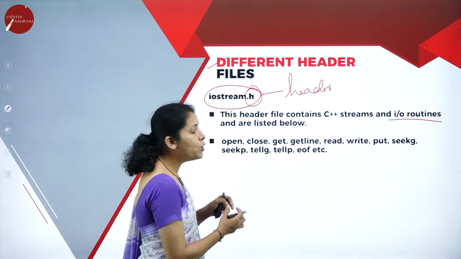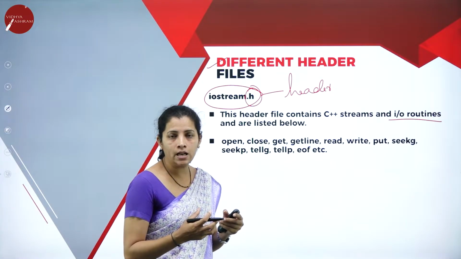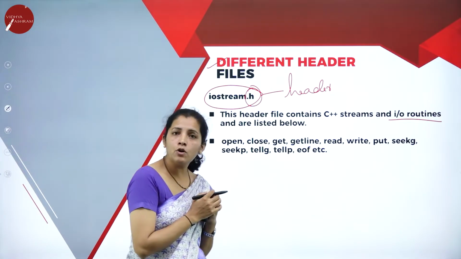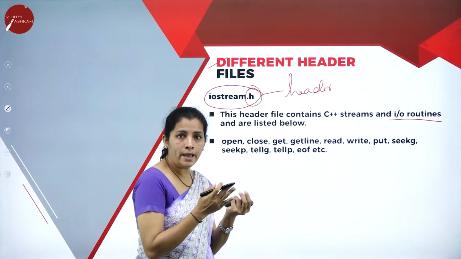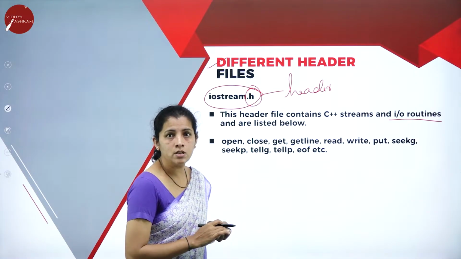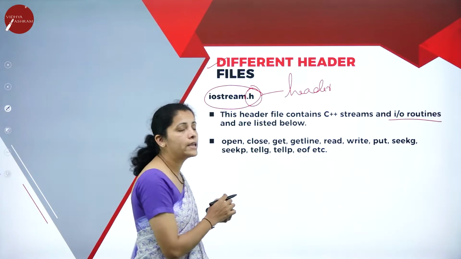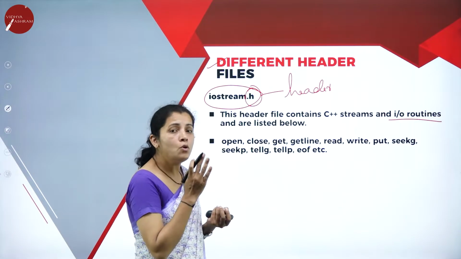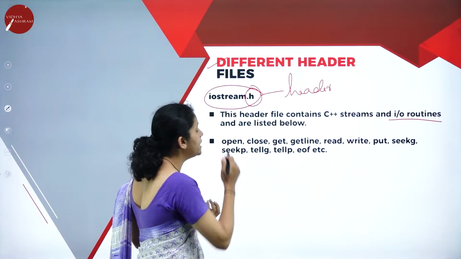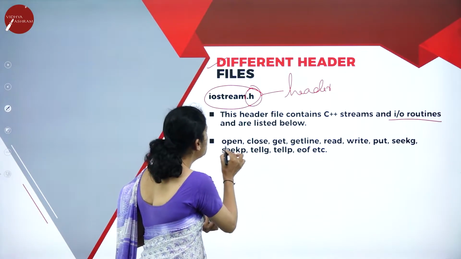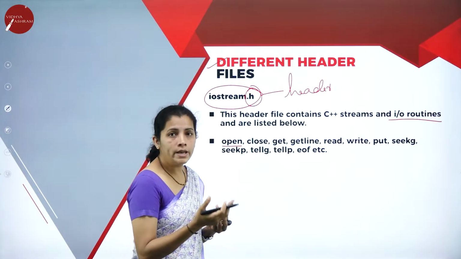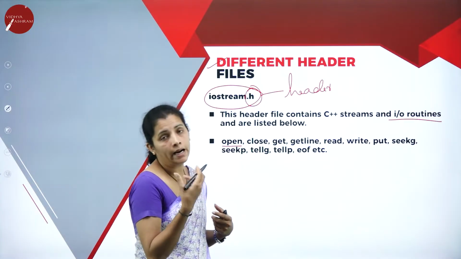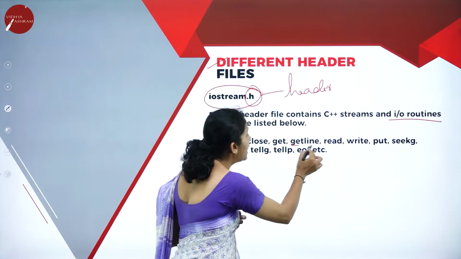If I want to read any data from the keyboard, I require iostream.h. If I want to display any data to the user, once again I require the iostream.h header file. The most commonly supported functions are open, for opening a file, close, for closing a file, and getline.